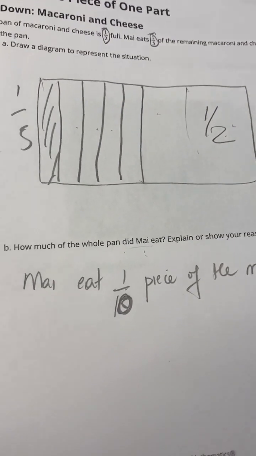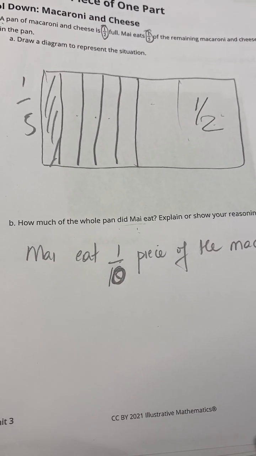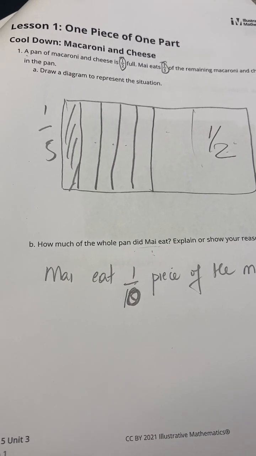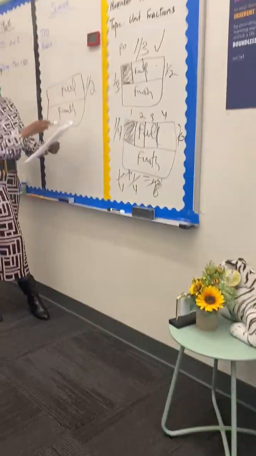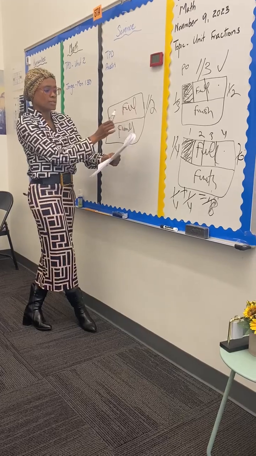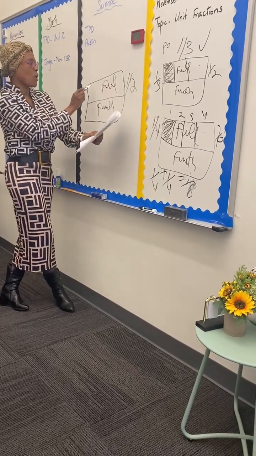Yes, Mrs. Mitchell? So that's the diagram. They told us 1/2 is full, Mrs. Mitchell. And the other half is finished. That means the family already finished eating half of it, and of the full part, she might decide to eat 1/5.